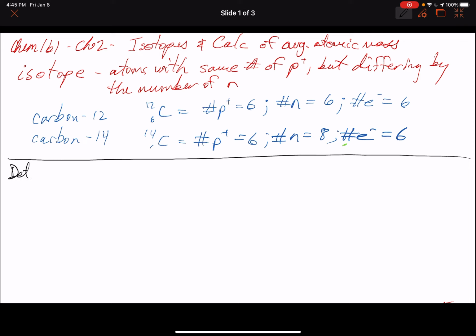Determine the average atomic mass unit value for neon given the following information.